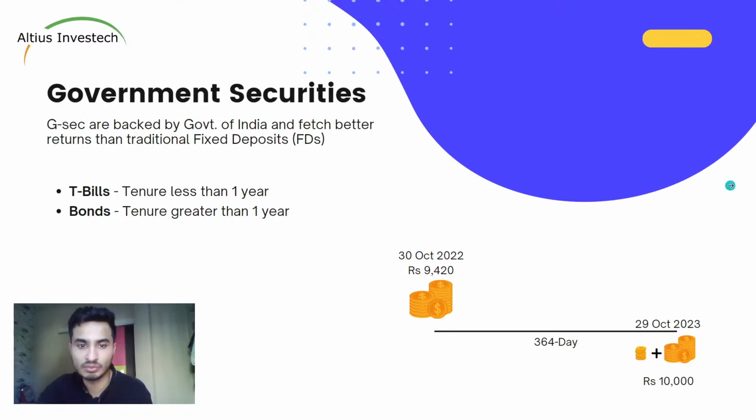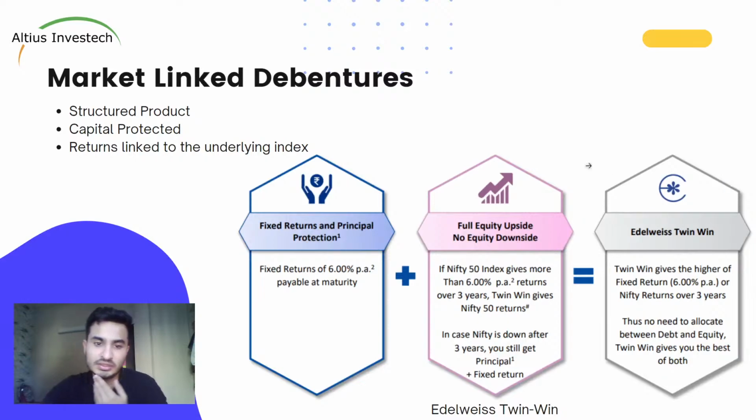Okay, so moving forward, this is the third and final type of fixed income product for today. These are market linked debentures. Market linked debentures are basically structured products which give you a return that is linked to the underlying index.